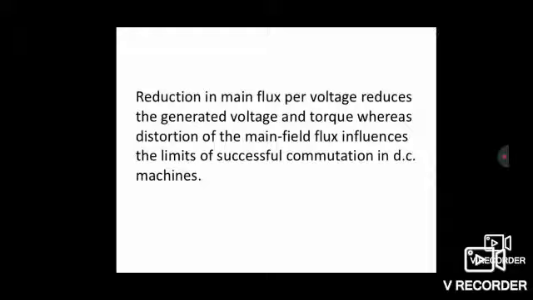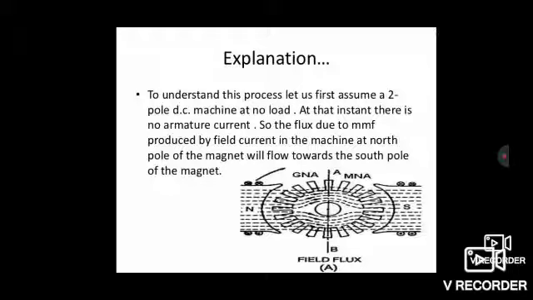Let us see the explanation of the armature reaction. To understand this process, let us first assume a two-pole DC machine at no load. At that instant, there is no armature current, so the flux due to MMF produced by the field current in the machine at the north pole of the magnet will flow towards the south pole of the magnet. See the diagram.